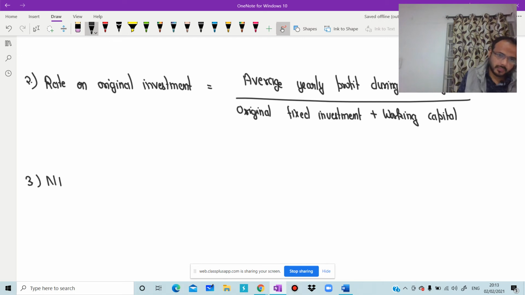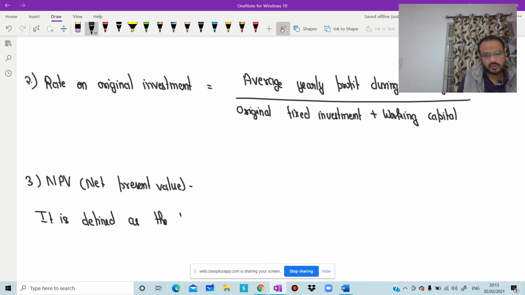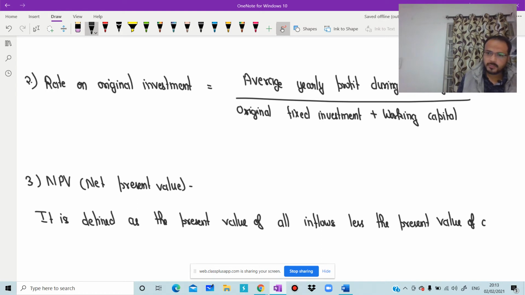Third one is NPV, net present value. It is defined as the present value of all inflows less the present value of all outflows.